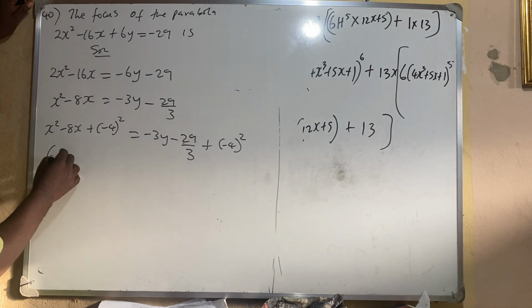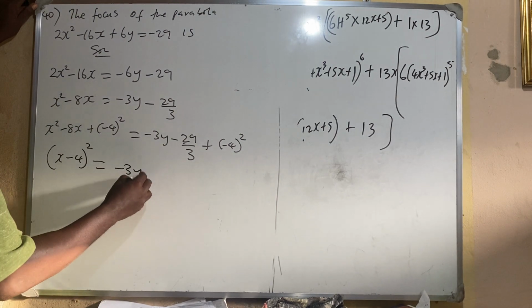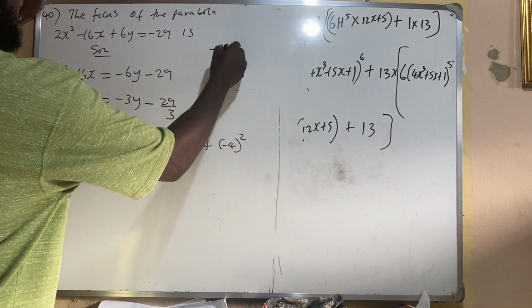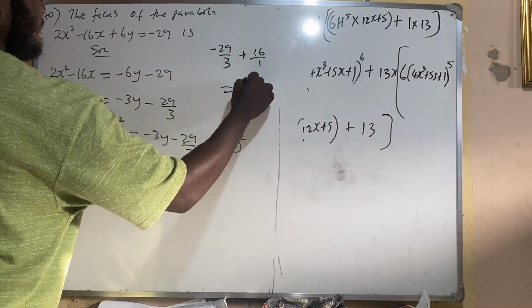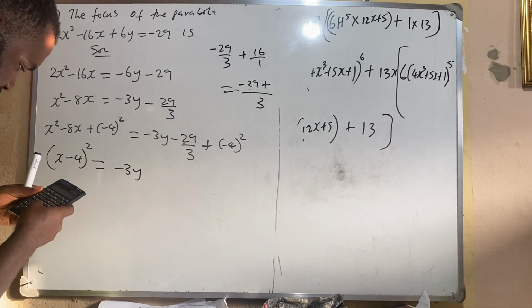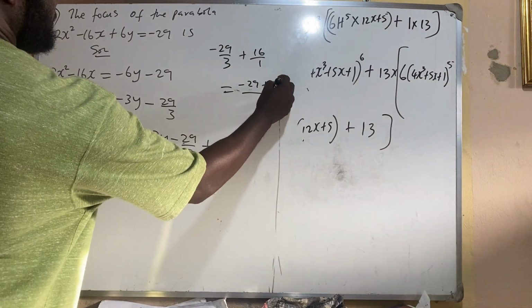So I have x minus 4 all squared is equal to minus 3y. Do the magic here. That is minus 29 over 3 plus 16 over 1. LCM is 3: minus 29 plus 16 times 3, which is 48.